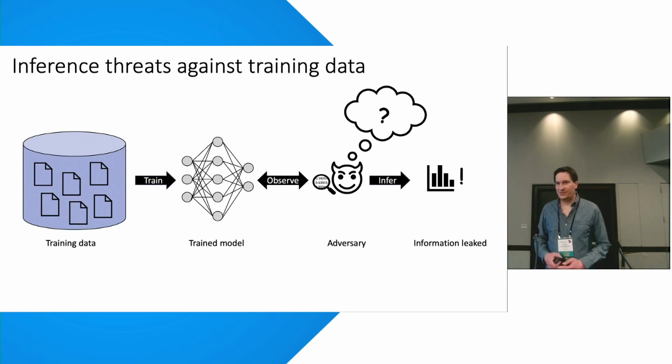These users interact with the model, maybe observing the raw weights, so downloading the model, or interacting with it in some black box manner through some query API. There might be malicious users that want to answer questions about the training data, so infer information about the training data.